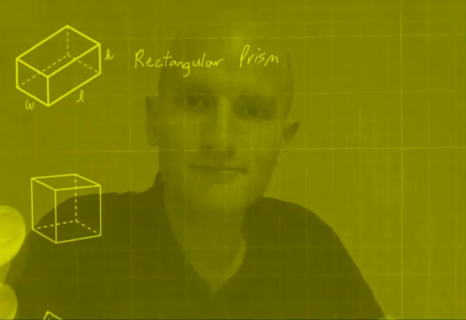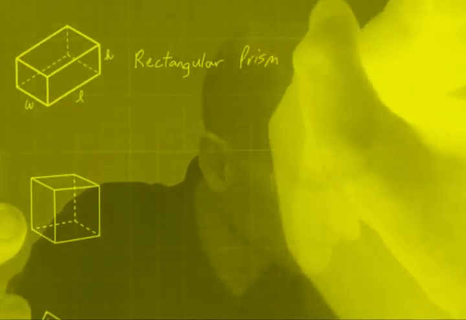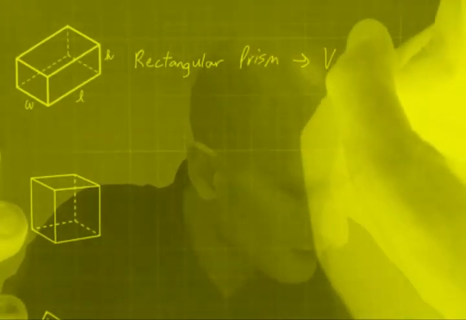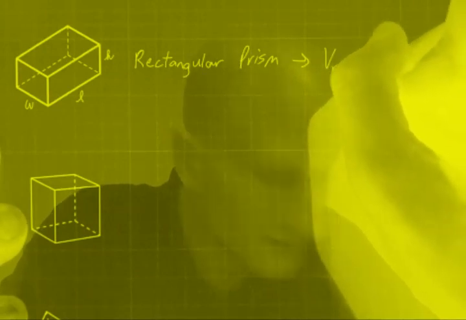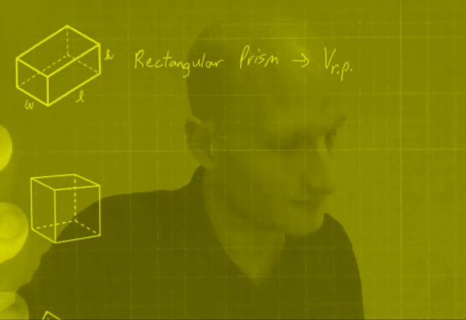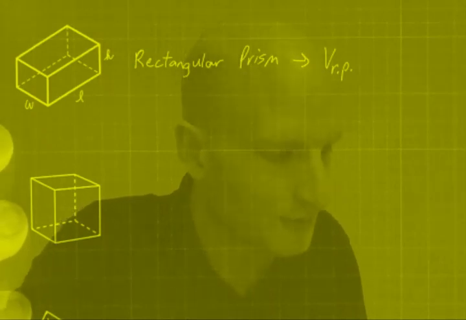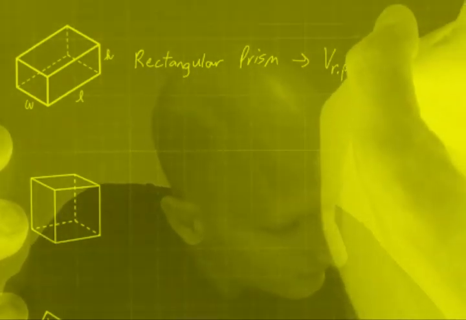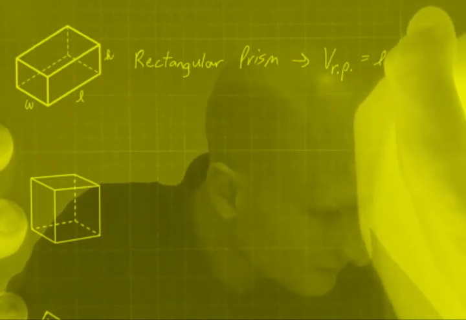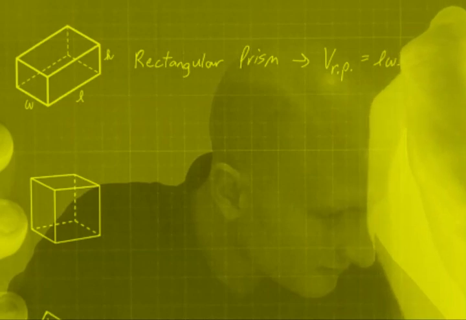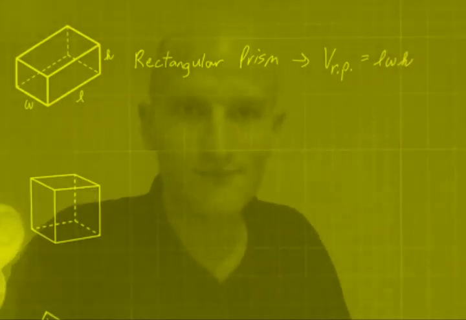So we'll go volume of, we'll say, rectangular prism. So V sub RP equals the length times the width times the height.